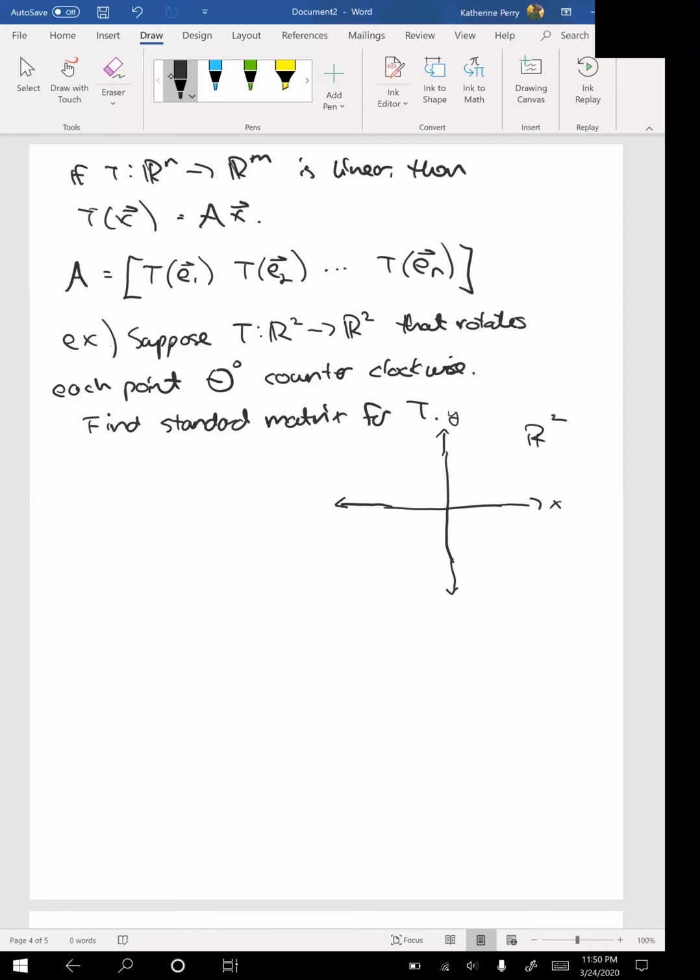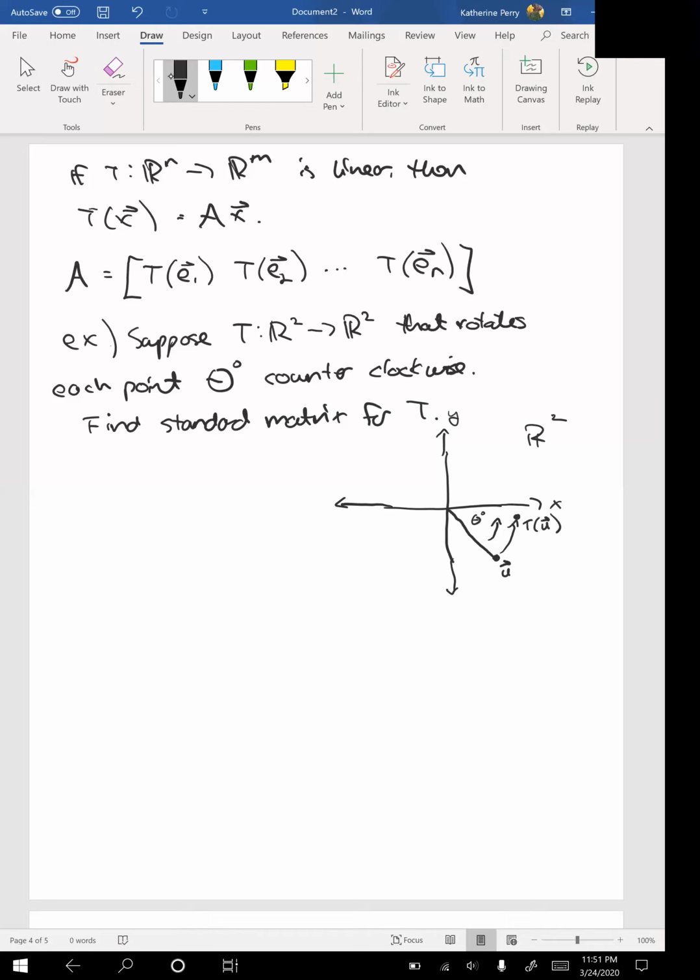Let's say I have some point, and we connect it to the origin. This transformation rotates it counterclockwise theta degrees, so maybe that moves it over here. If this is U, this would be T of U.